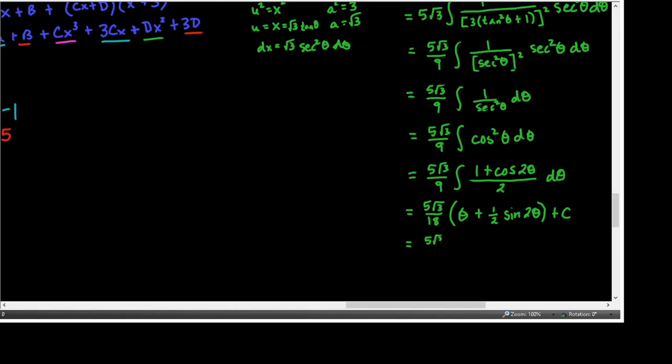Then I don't know anything about double angles in this particular problem, so I'm going to need to rewrite sine of 2 theta in terms of theta. I'm going to use the double angle formula for sine, which is sine of 2 theta is 2 sine theta cosine theta.